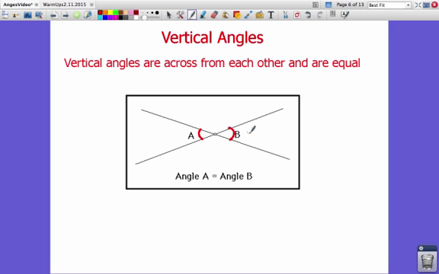So if I told you, for example, that this was 75 degrees, well then this is also 75 degrees. That would make this one 105 degrees, and then this one's 105 degrees. So angles that are directly across from each other when two lines intersect are called vertical angles, and they're equal to each other.